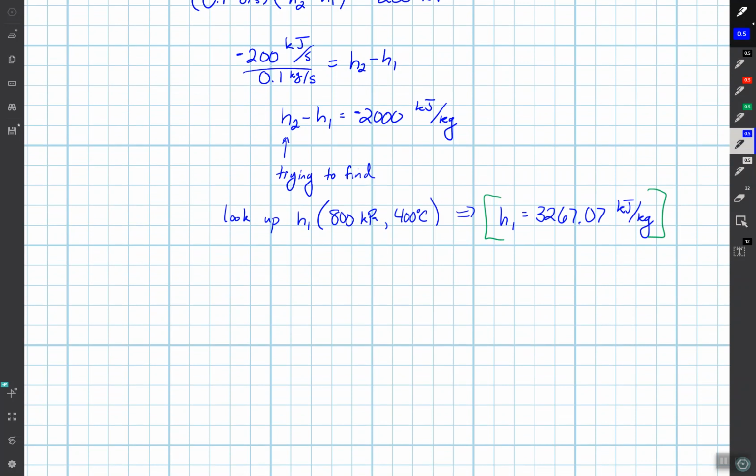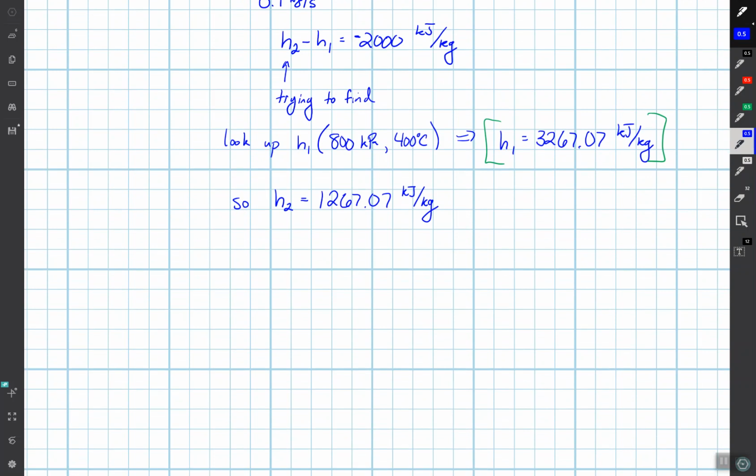Once we look that up, then we can find H2 directly. It's going to be H1 minus 2,000. So H2 is equal to 1,267.07 kilojoules per kilogram.